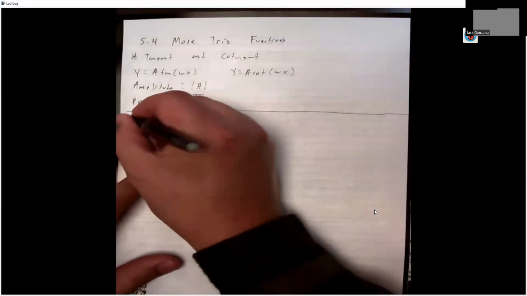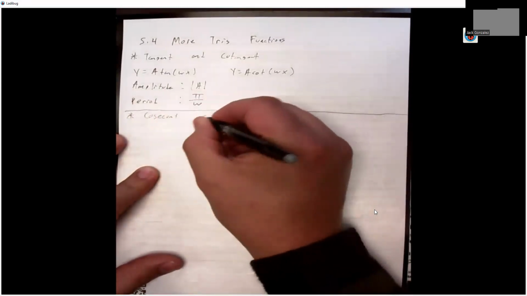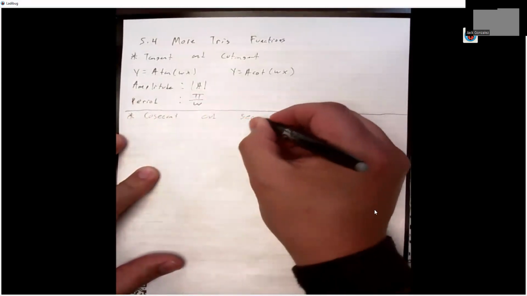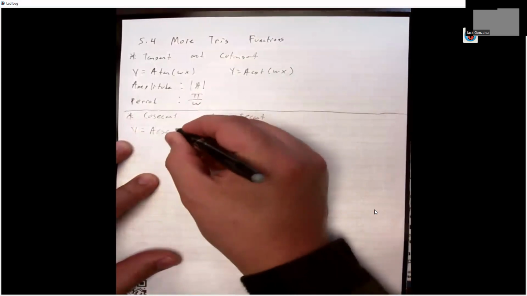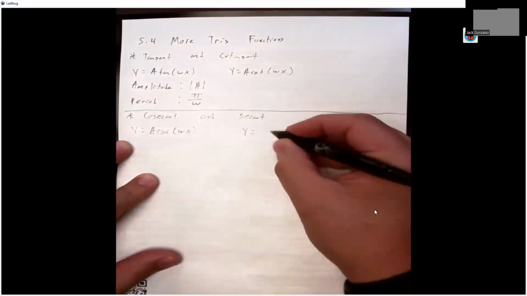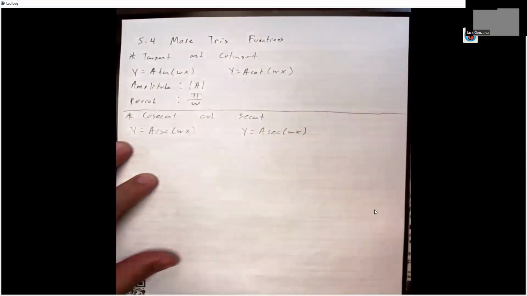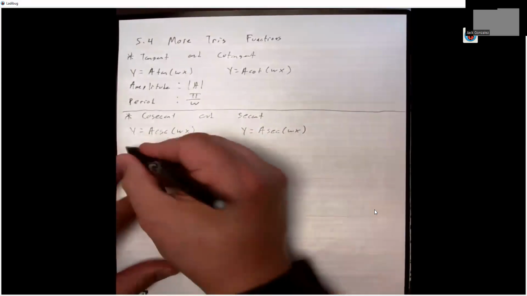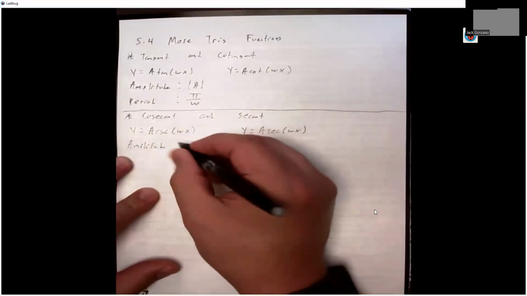Now cosecant and secant. Y is equal to A cosecant of omega x. Y is equal to A secant of omega x. Amplitude is still the same.